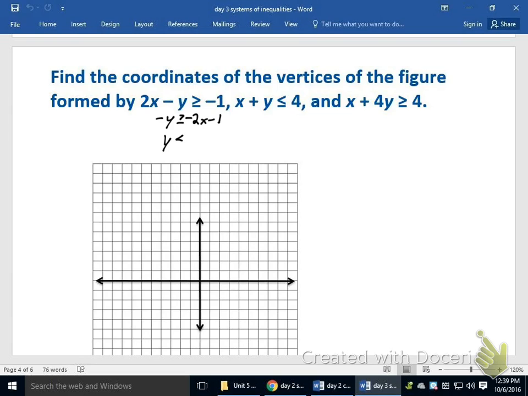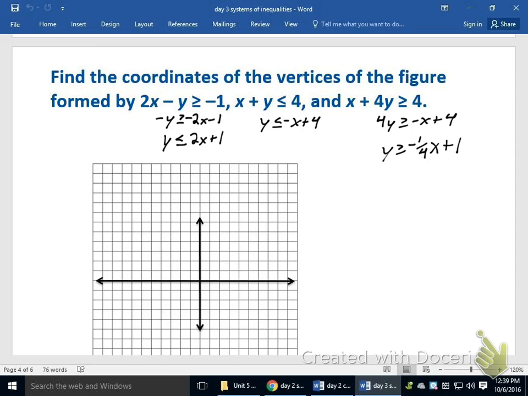So y is less than or equal to, remember you got to flip your sign there when you divide by negative, 2x plus 1. Right here, y is less than or equal to negative x plus 4. Subtracted my x over. And on the last one, 4y is greater than or equal to negative x plus 4. And divide by 4, I get y is greater than or equal to negative 1/4 x plus 1.